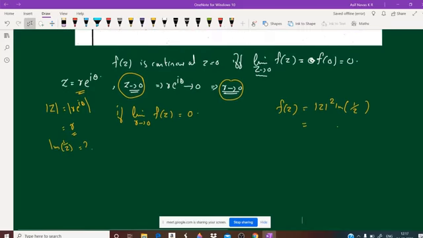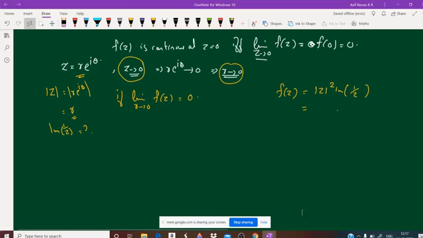We know that z equals r e power I theta. Then what is 1 by z? 1 by r into 1 by e power I theta, which is equal to 1 by r into e power minus I theta.